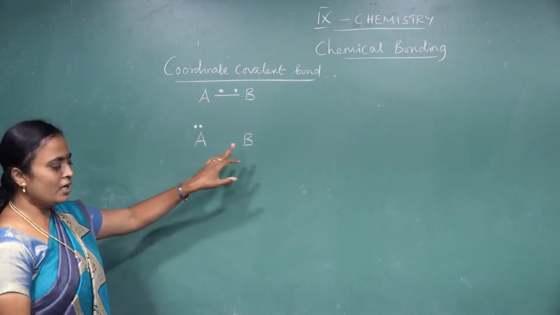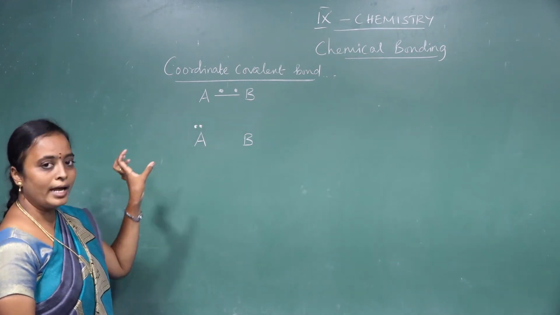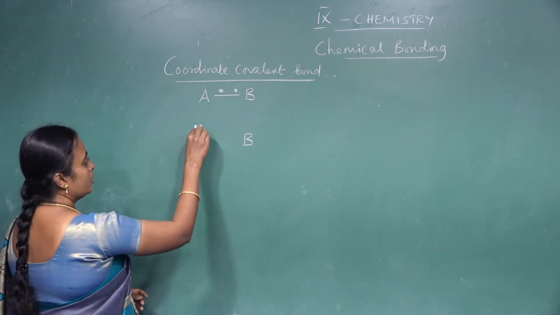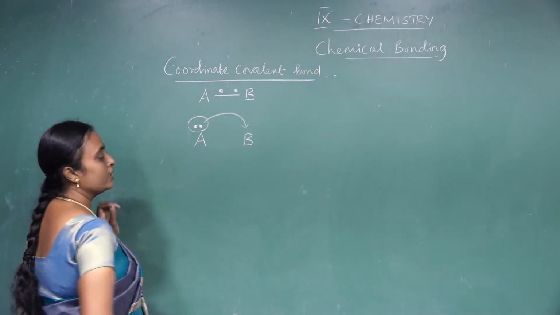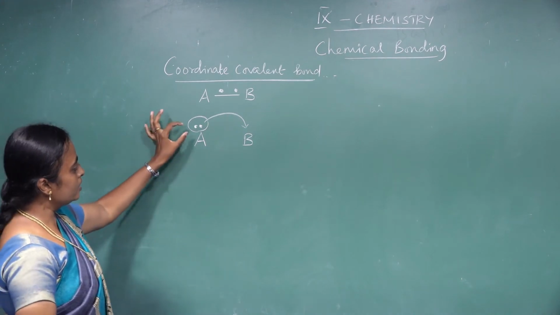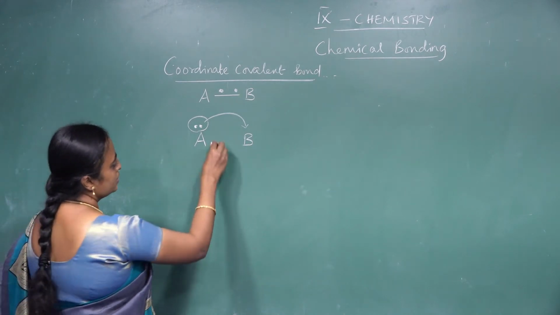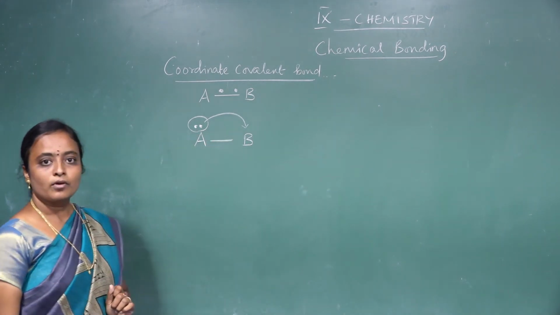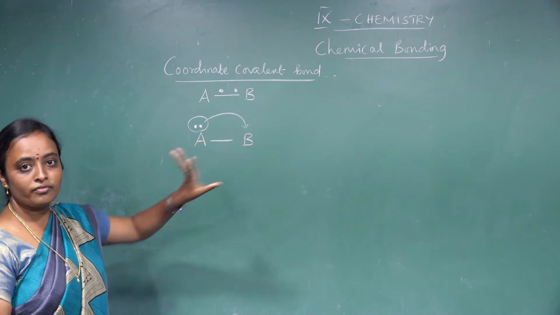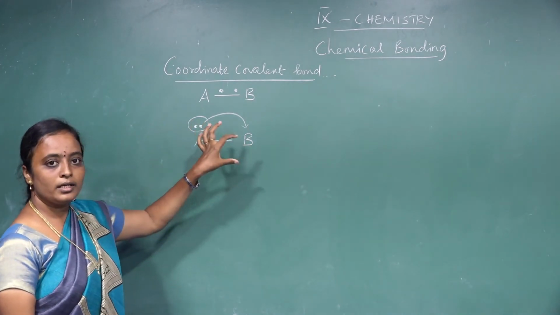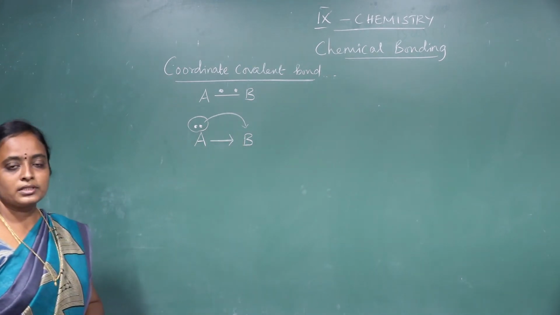Here the two electrons are transferred entirely and involved in the bond formation. By sharing them, a bond is formed. So only one atom gives the electrons for the bond formation. This is called a coordinate covalent bond.